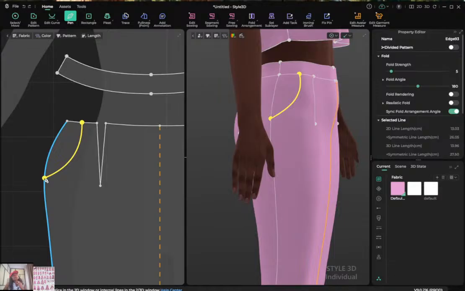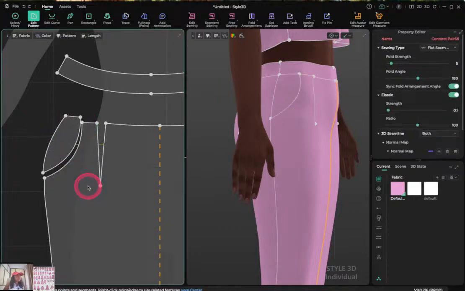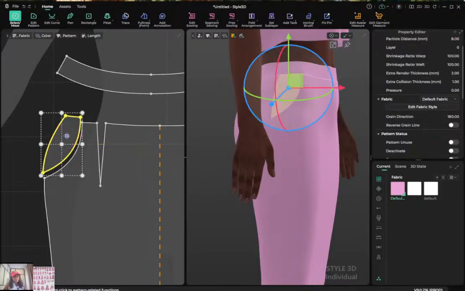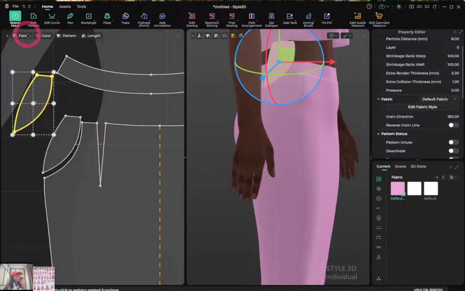Okay. I'm going to cut and sew. And I'm going to copy paste this piece, Command C, Command V, and I'm going to sew it on top of this one.